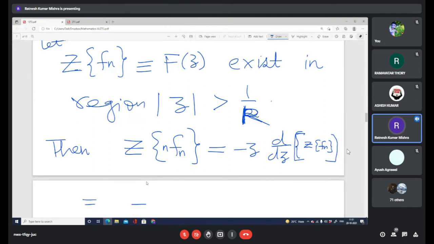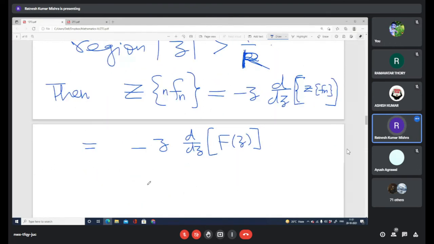Here, minus z d by dz and the Z transform of Fn means, similarly as this type of result we have proved in the case of Laplace transform.